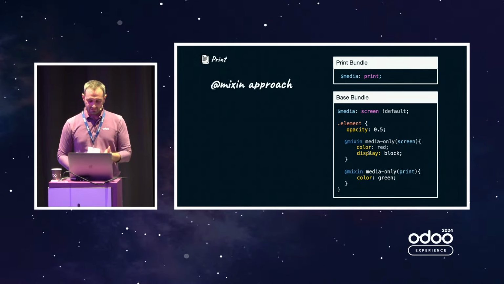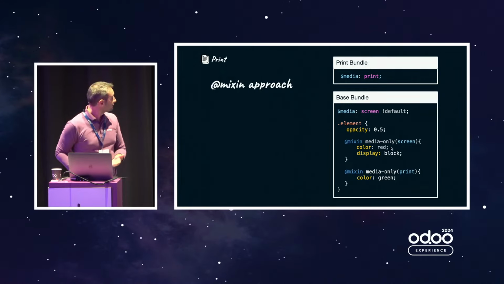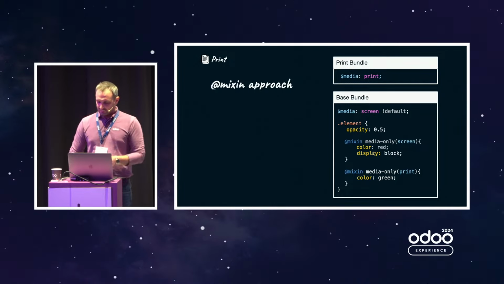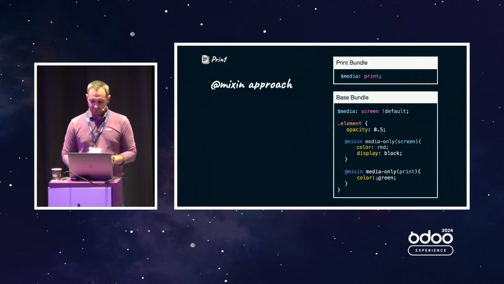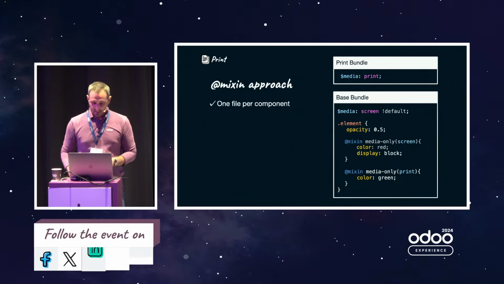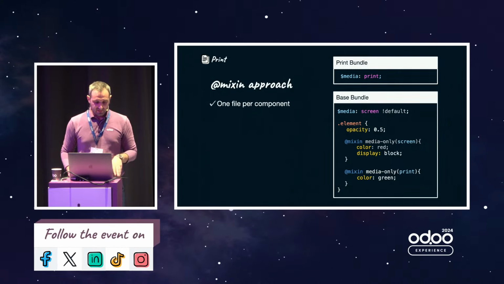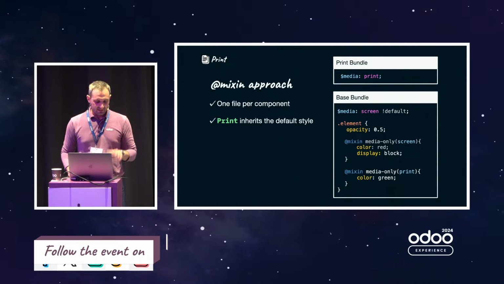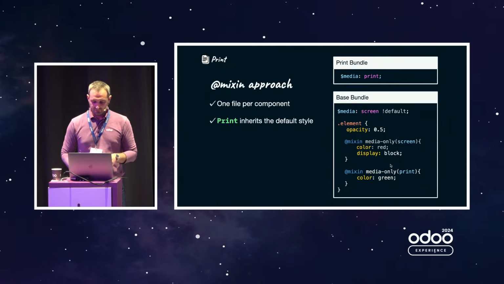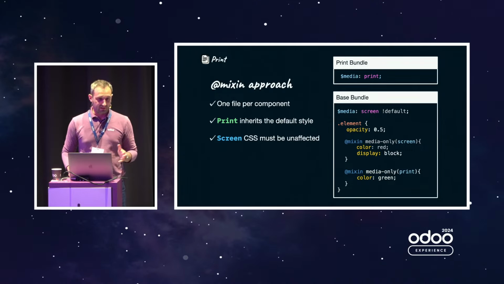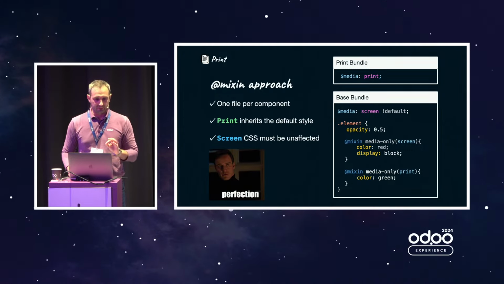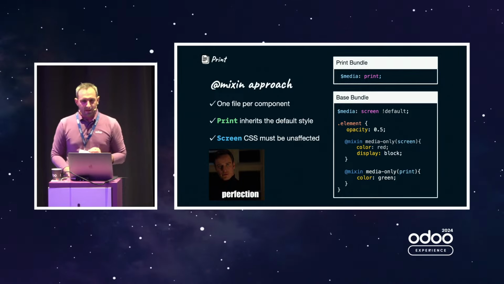In this case, the first call of the mixin will be ignored, while the second one will be active. And this will allow us to have one file per component. Print inherits from the default design because opacity is still there and is active, and the screen is not affected, so it's perfection. This is exactly what we wanted. Okay.